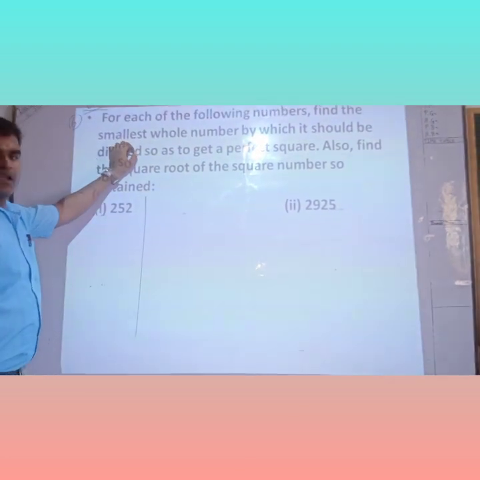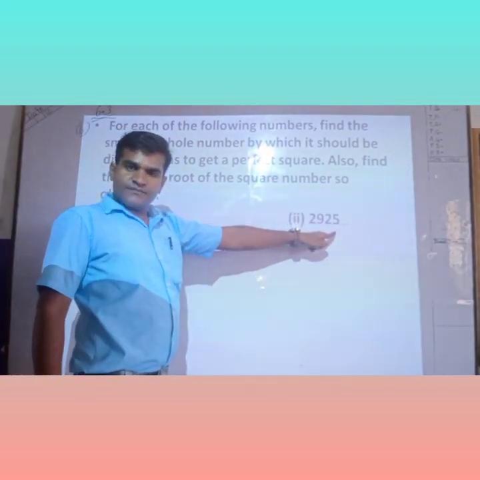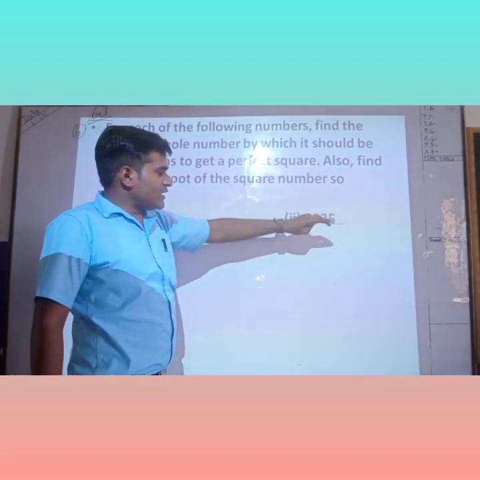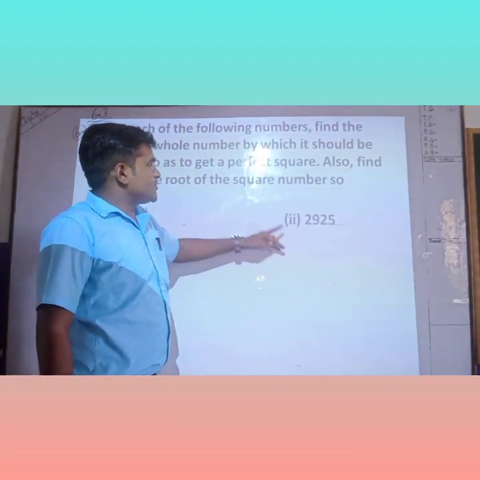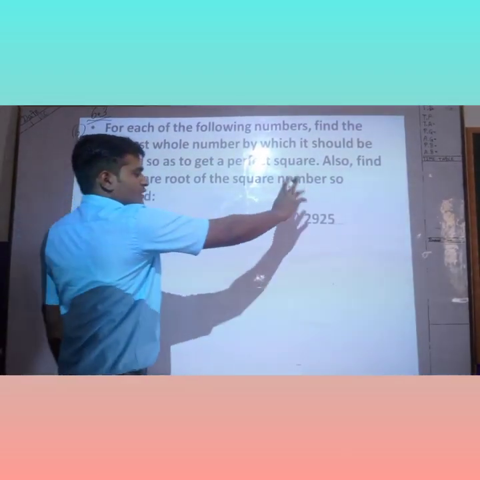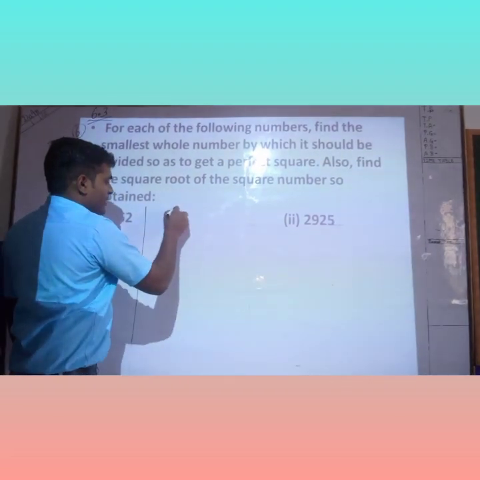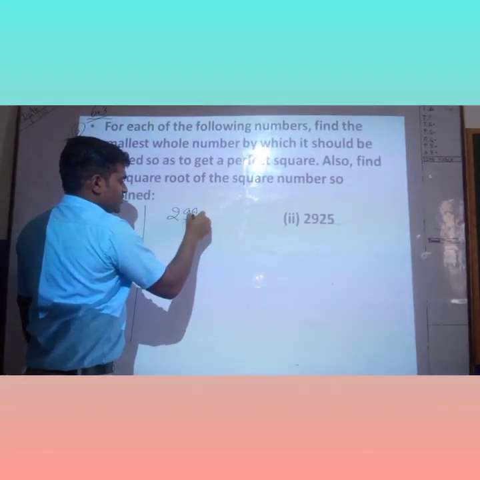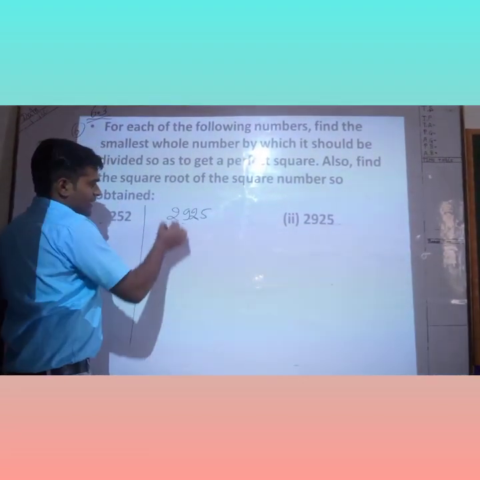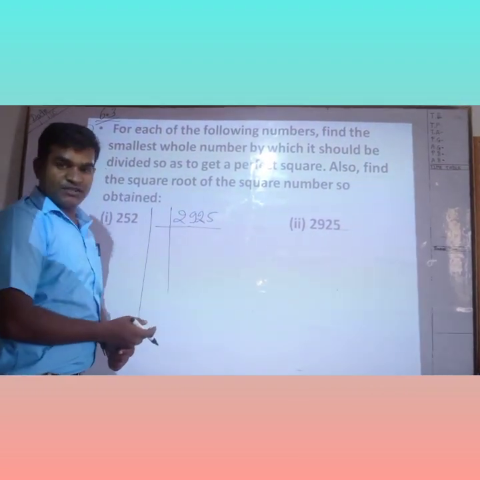Second one, it is given there: 2925, by which number should it be divided so that it becomes a perfect square. So children, first we will find the prime factors of 2925. 2925 is divisible by 5 because its unit digit is 5, by the divisibility rule.